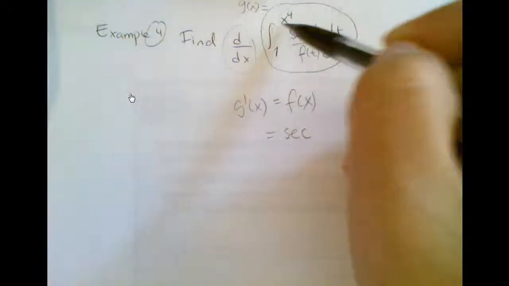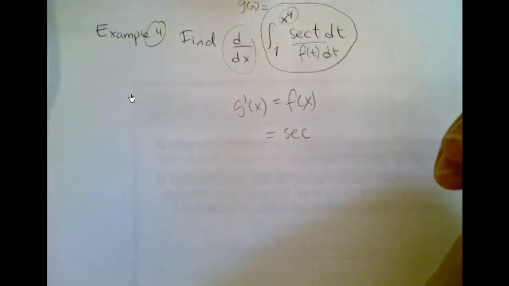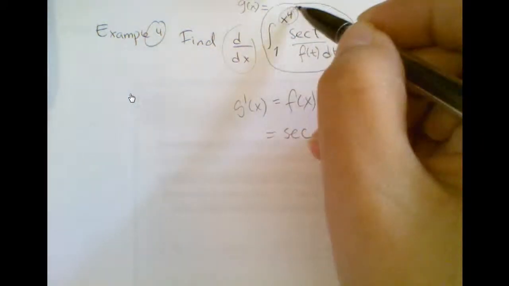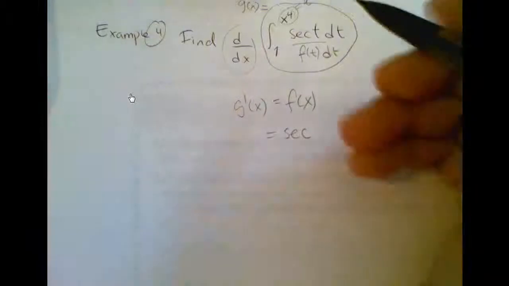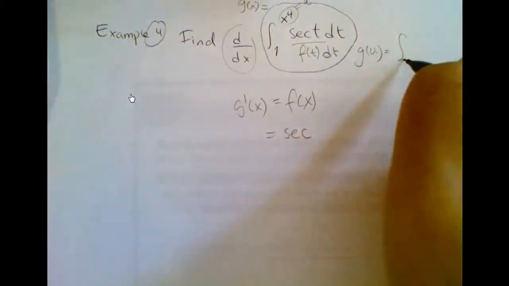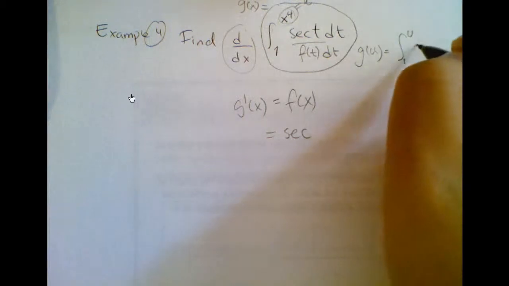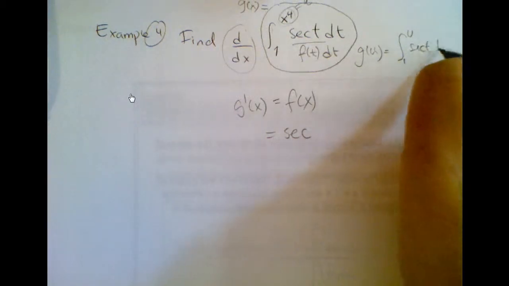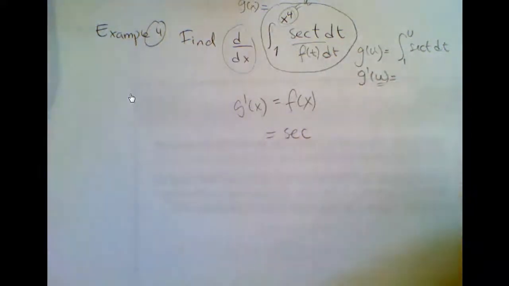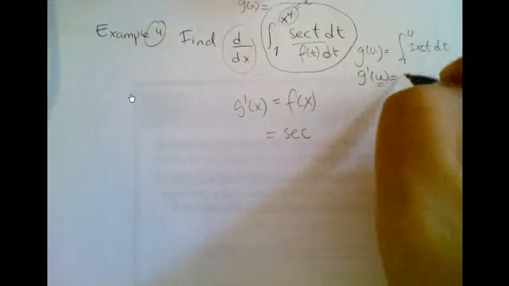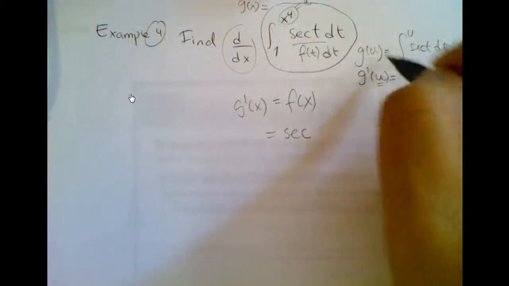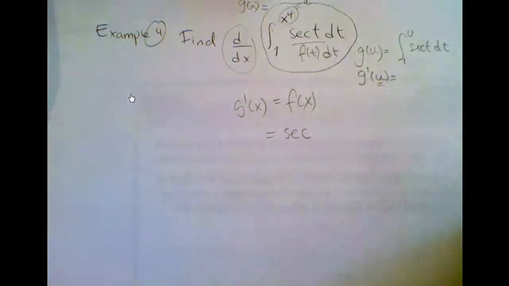But now, what to do with the x to the 4 that you have here? If I define this x to the 4 as some function, let's call it u, then I have g of u equals the integral from 1 to u of secant of t dt. And when we are taking the derivative, since the upper limit is a function in itself, it would be the derivative of this function times the derivative of u.